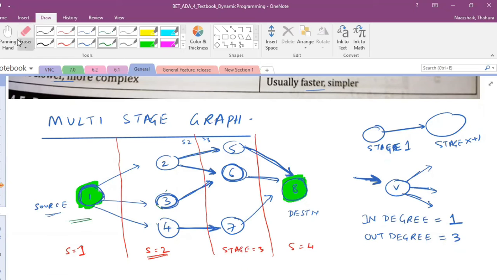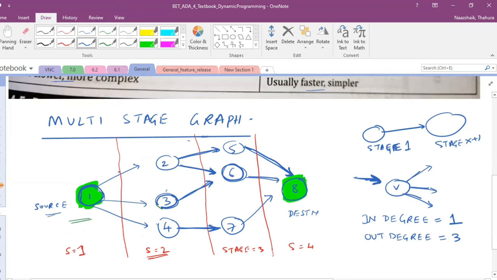I hope you have understood what a multi-stage graph is. It's just a graph, it's just that it has these different properties because of which you can classify it into different stages. Now, what problem do we have to solve in a multi-stage graph? It's simple. You need to find the shortest distance from source to destination. These kinds of problems we have seen before also. So what does this mean?